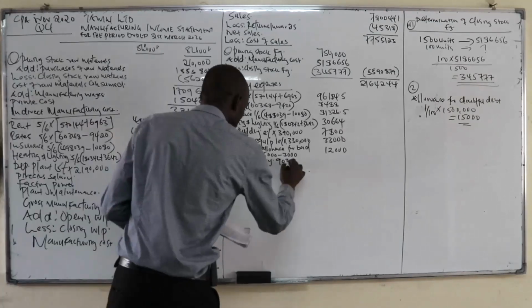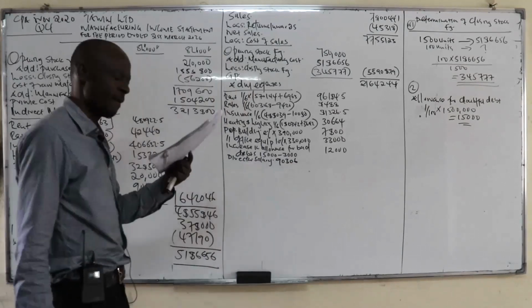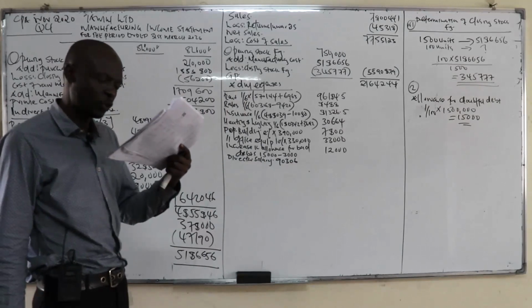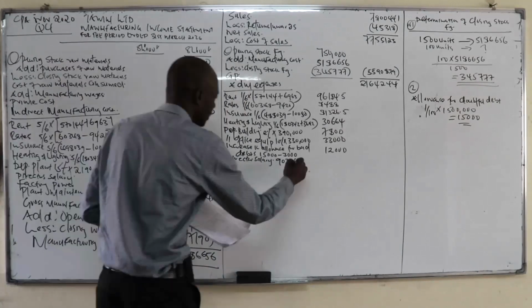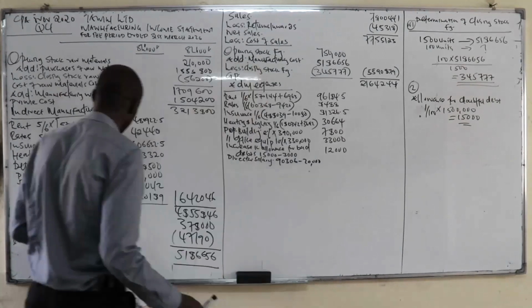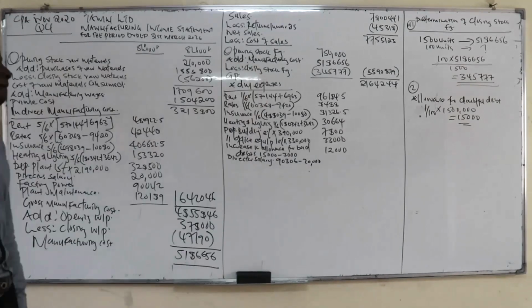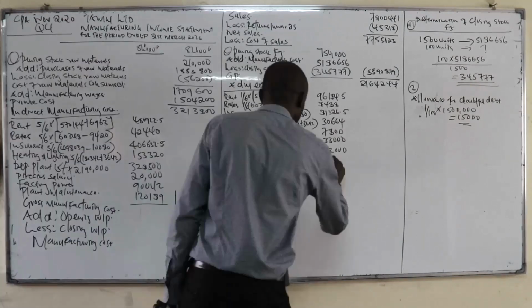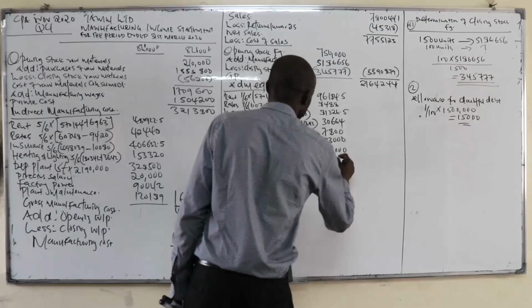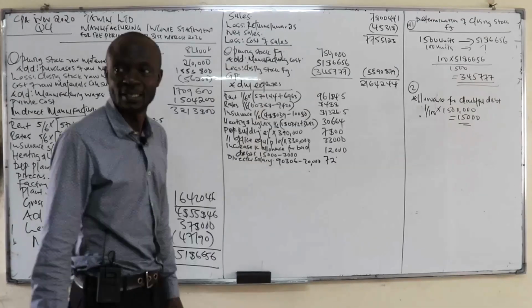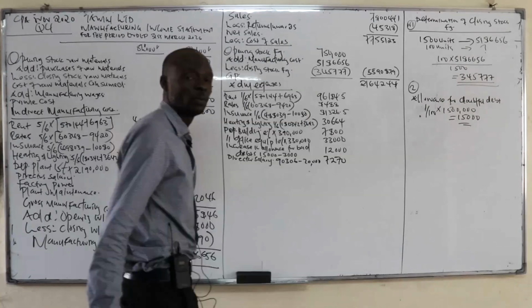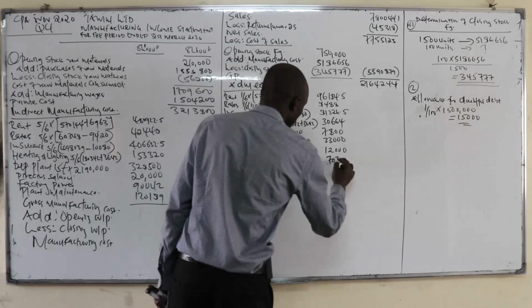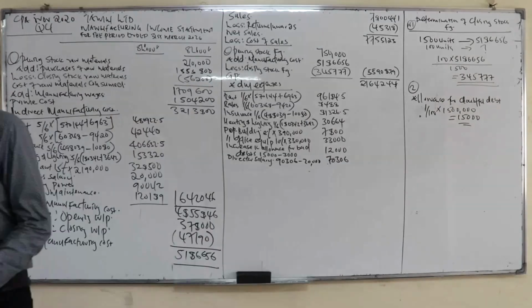So 9306 minus 20,000 that was taken to production. So how much is that one? 7306. So that one will go to admin, isn't it?